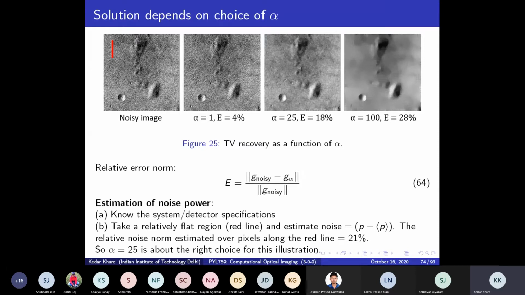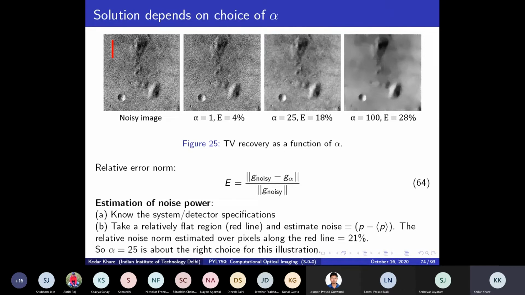Since the image looks nearly constant in that region, I'm going to assume that P minus average P is my noise. So I can calculate the relative noise norm: the norm of P minus average P divided by the norm of P itself along these pixels. In this case the noise norm came out to be about 21%.